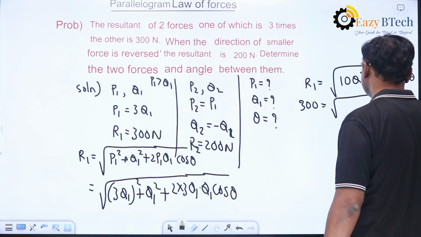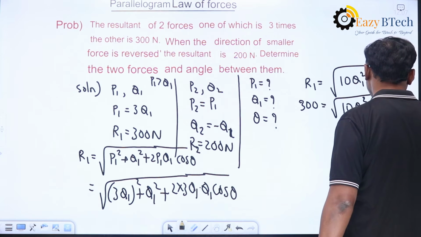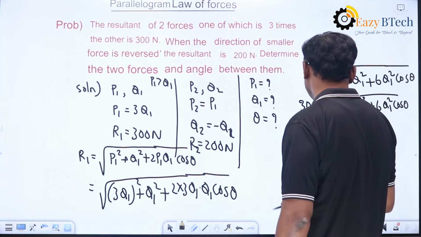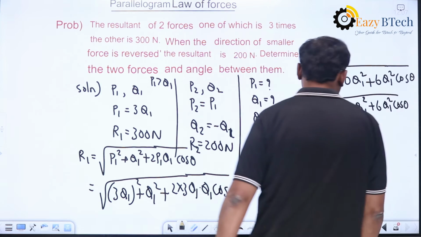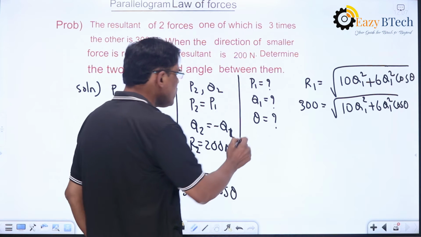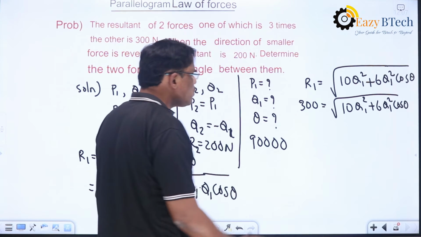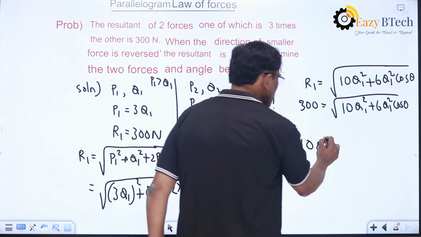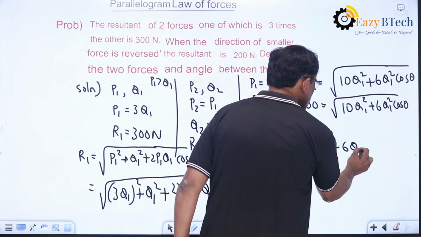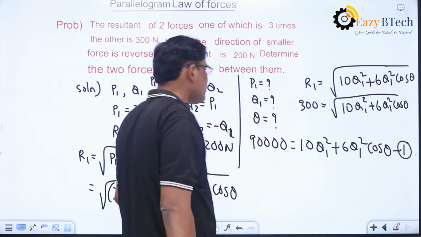So here 300 is equal to root over 10 Q1 square plus 6 Q1 square cos theta. If you square on both sides, this comes to 90,000 is equal to 10 Q1 square plus 6 Q1 square cos theta. Let us say this is equation 1.